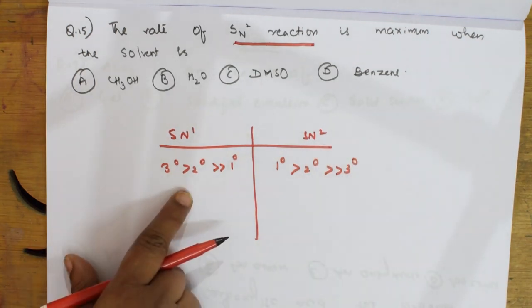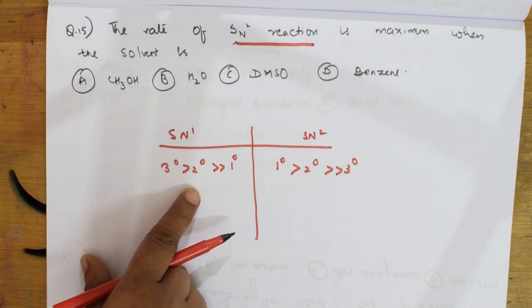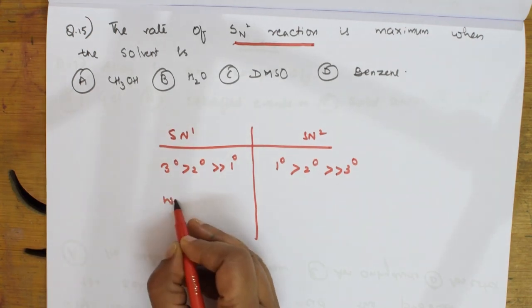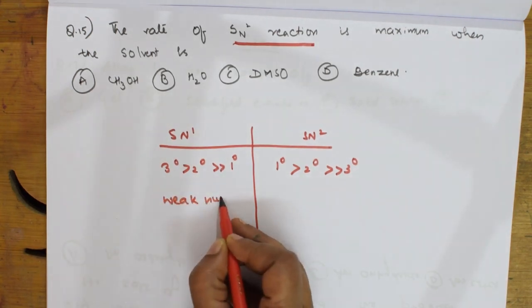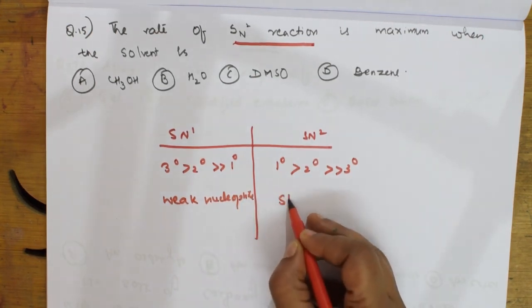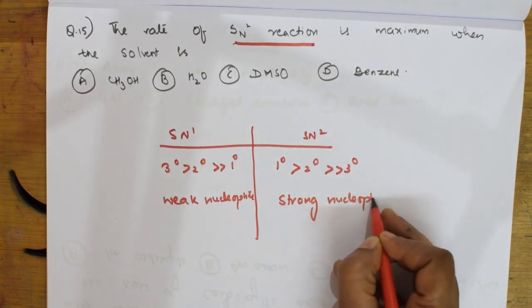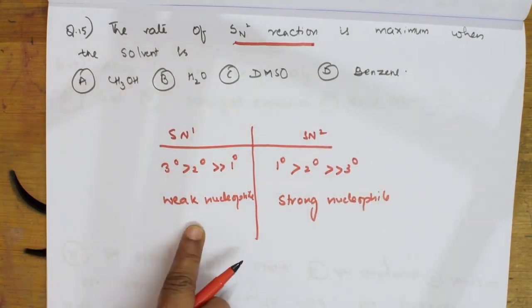Now in SN1 the nucleophile is generally very weak. Let us write that: weak nucleophile. In SN2 it is a strong nucleophile. What is the solvent we require in SN1?